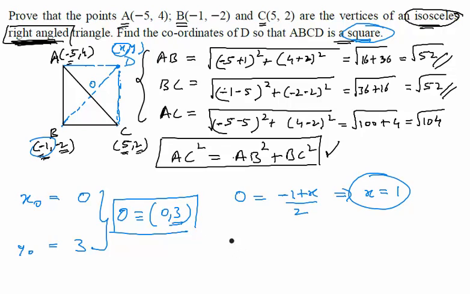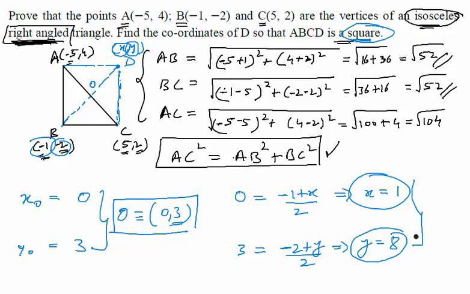The y coordinate of O is 3, but we can also get 3 by using (y1 plus y2) upon 2, which is (-2 plus y) upon 2, which implies that the y value should come out to be 8. So this should combine and give us the coordinates of D. The coordinates of D will be (1, 8). This is your final answer.